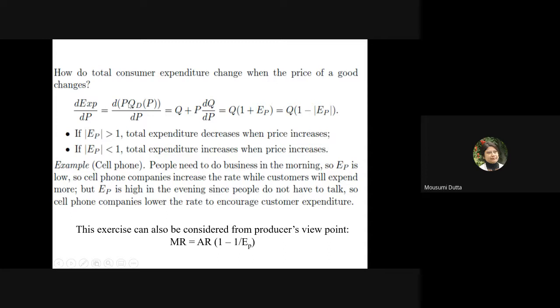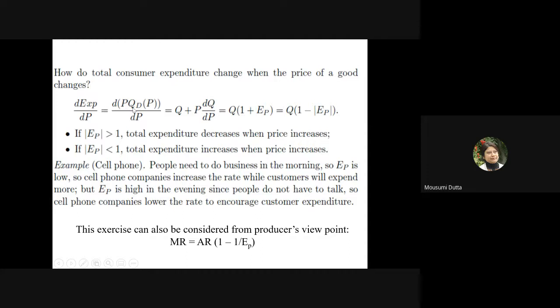Now for the expenditure part, I am writing P into Q. This Q is nothing but quantity demanded, and we know this Q is a function of price. So I have D of P into Q, where Q is a function of price, and in the denominator I have DP. So it is in U into V form.